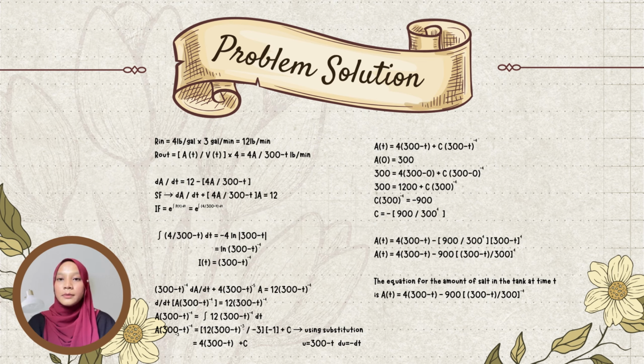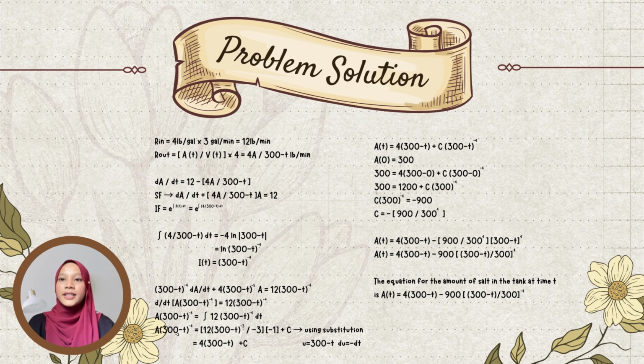After that, we will apply the integrating factor method, e to the power of the integral of P(t) dt, where P(t) is 4 over (300 - t), and we will get (300 - t) to the power of negative 4. Then we will multiply the whole standard form equation by (300 - t) to the power of negative 4. By solving the equation and applying the substitution method, we will get the general equation, which is A(t) = 4(300 - t) + C(300 - t)^4.